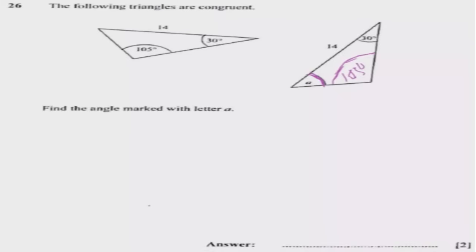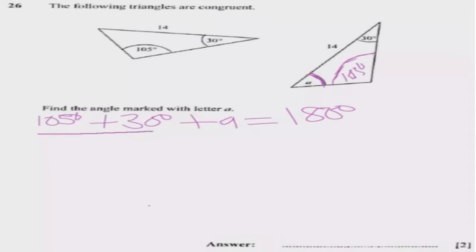So what we can do now is come up with an expression, which is 105 degrees plus 30 degrees plus A is equal to 180 degrees. What we do now is we evaluate this.